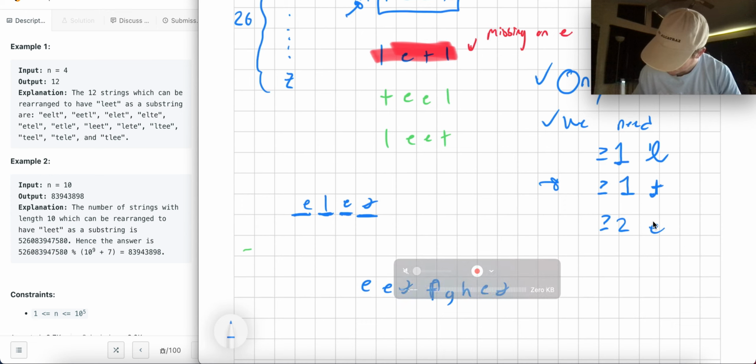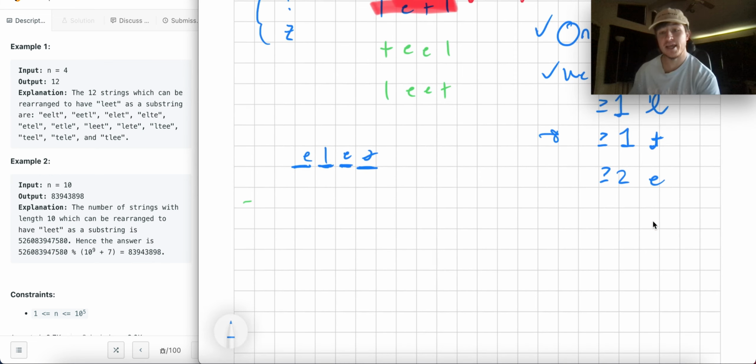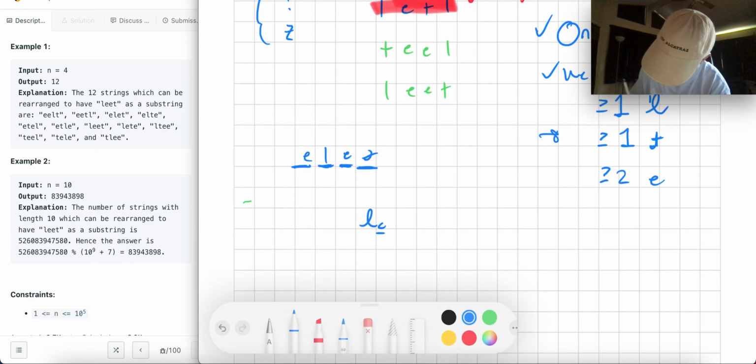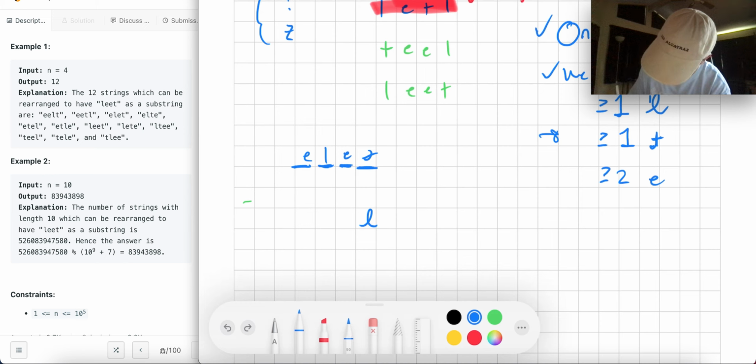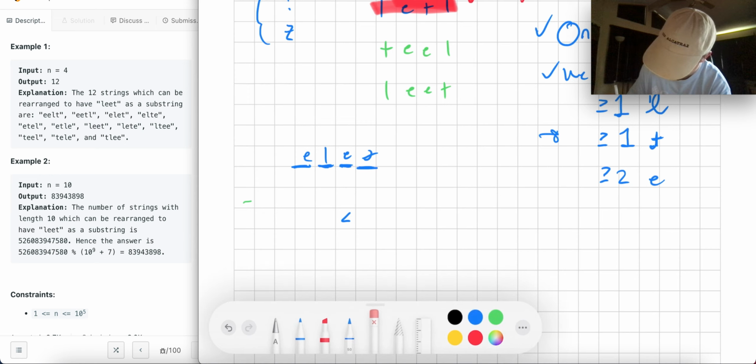So I can have all the strings except for these ones where these things aren't true. If I have less than one L, the opposite of these things, I can't make this work.